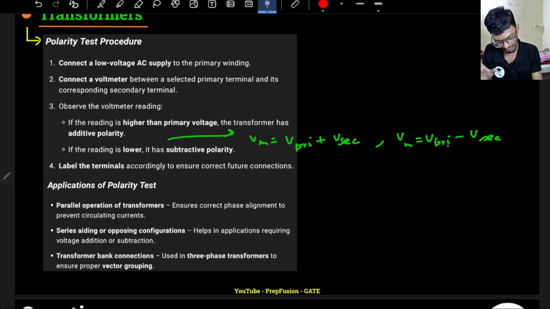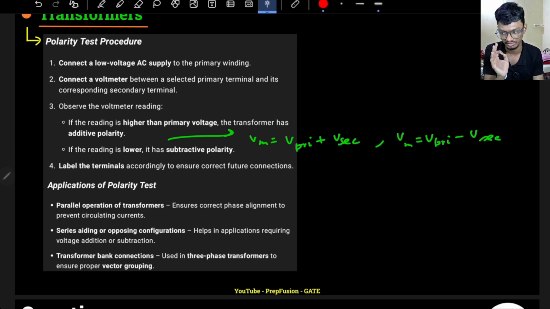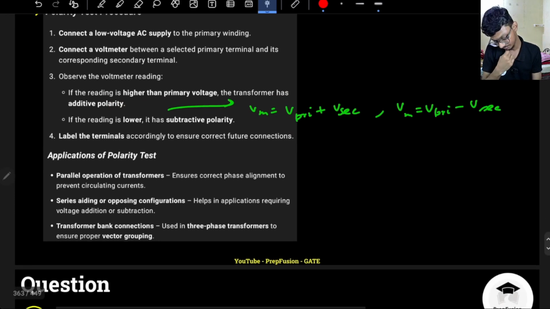If V secondary is higher, it would be negative, I do understand, but we are talking about the RMS value, and the voltmeter measures the RMS value. So if it is higher than the applied voltage, it is additive polarity, which means the connections are wrong. If it is lower than the applied voltage, the connections are proper. Got it? Then you can label the transformer terminals.